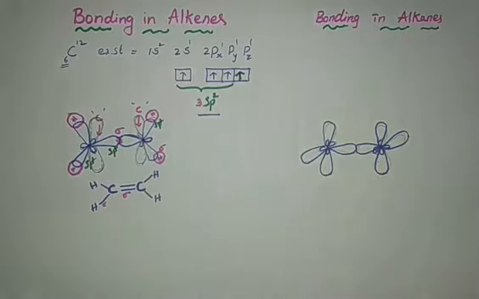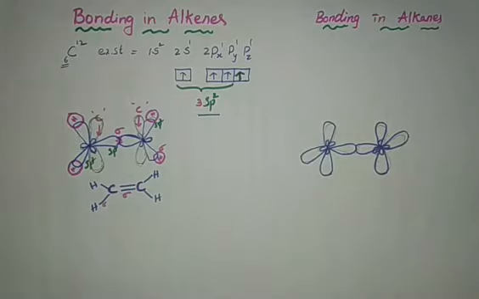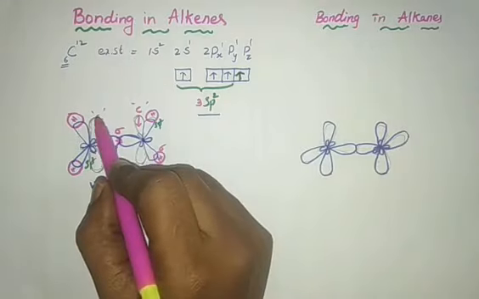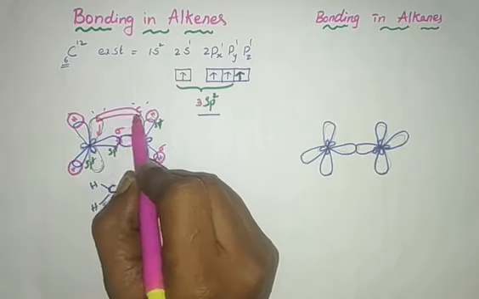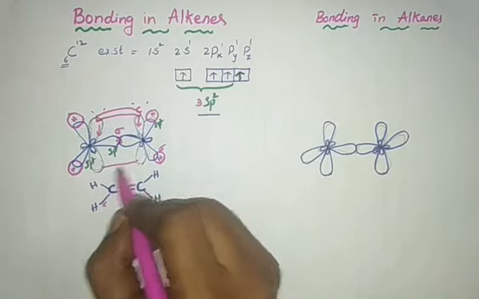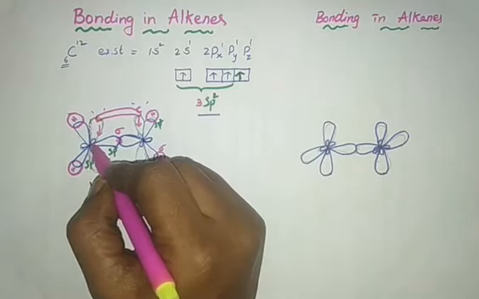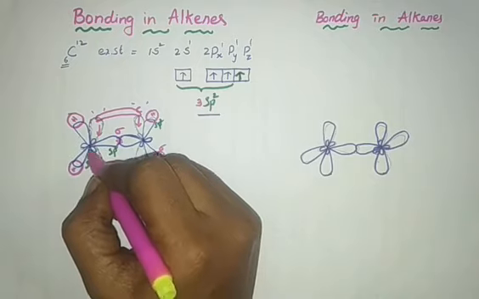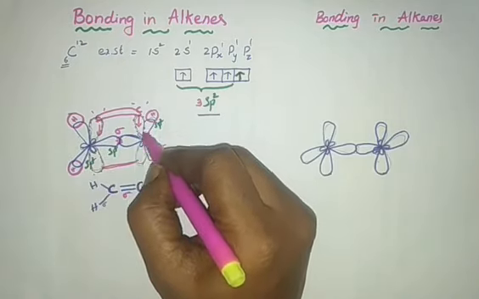So here what happens, this unhybridized p orbital which is present here will undergo lateral overlapping. May I call this one lateral or sidewise overlapping? This sidewise overlapping of the unhybridized orbitals will form a pi bond, I mean for ethene.